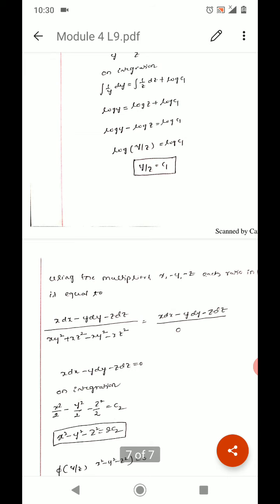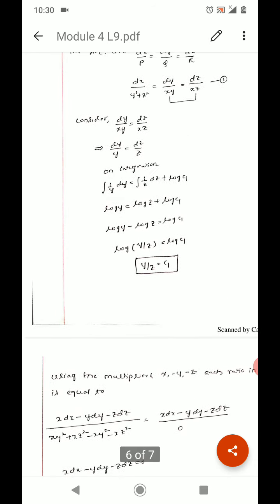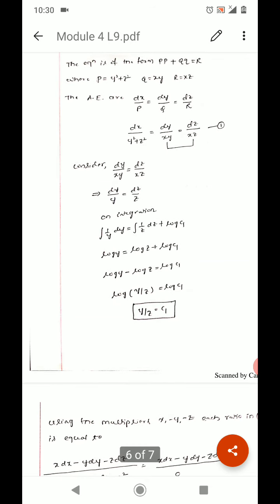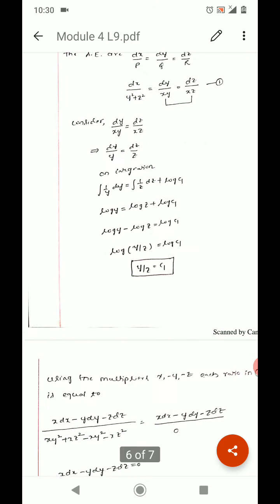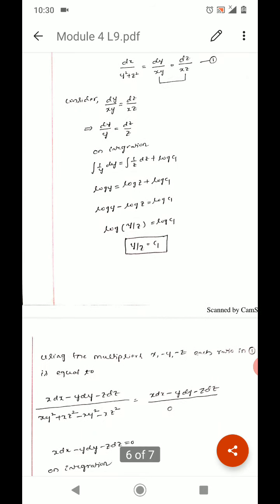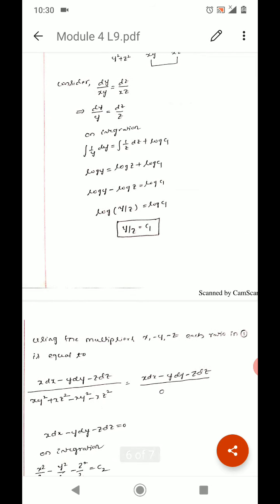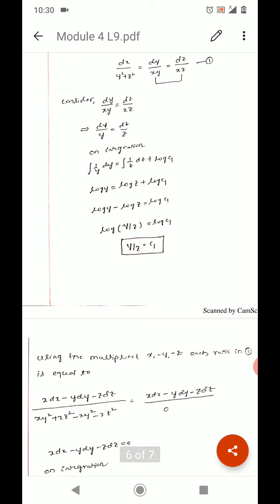Now consider the first pair, that is dx divided by (y square plus z square). Now we will consider the whole equation 1 and use the multipliers x, minus y, minus z.